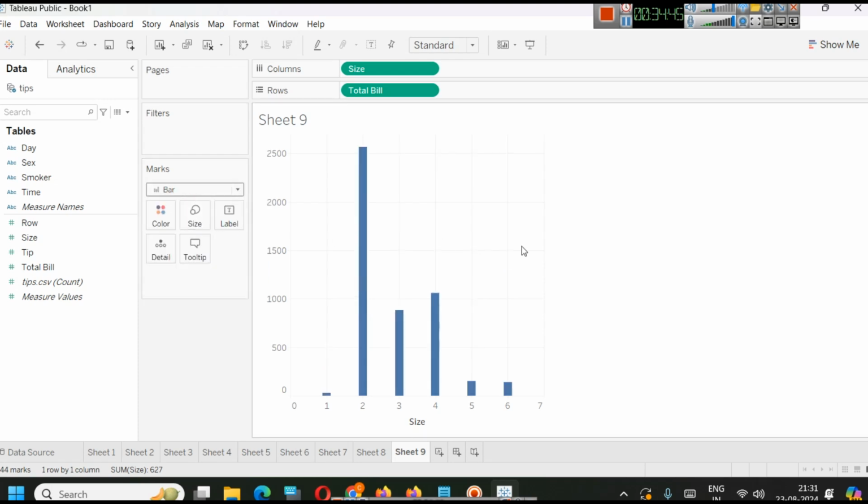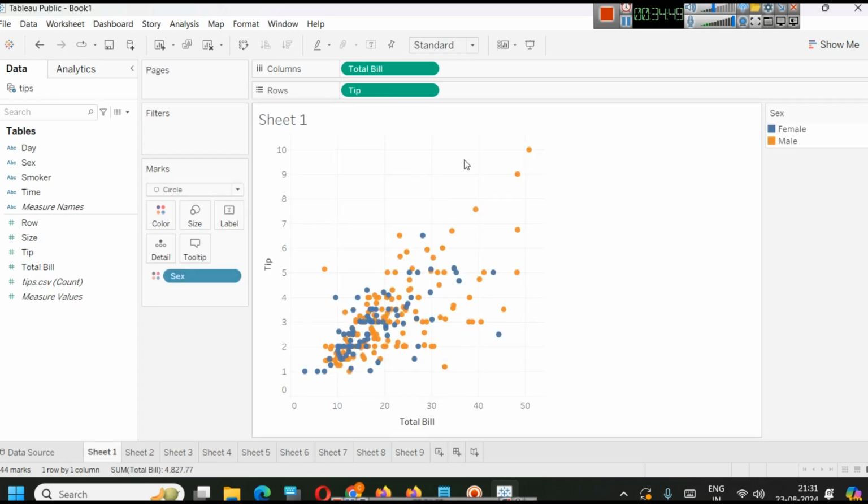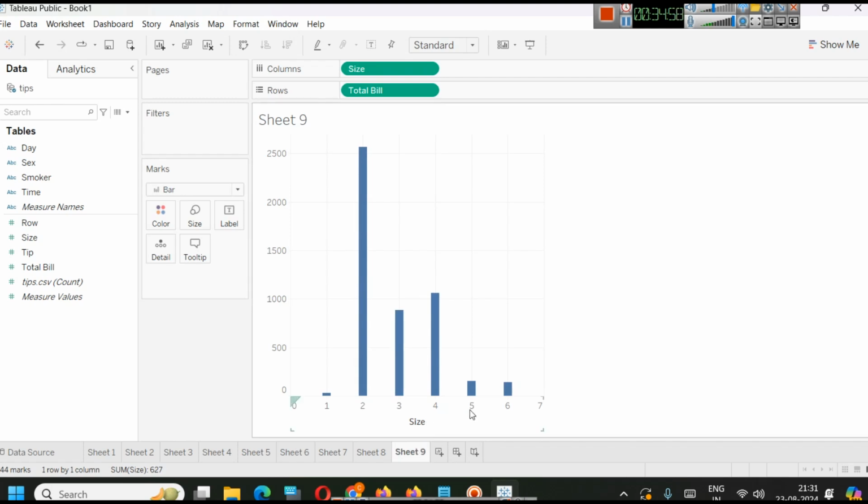Correct. So it is not always the case that if two measures are there, we will plot a scatter plot. It's also what type of measures are there, right? If one of them is discrete and the other is total bill, which is continuous, then we can draw this type of graph.